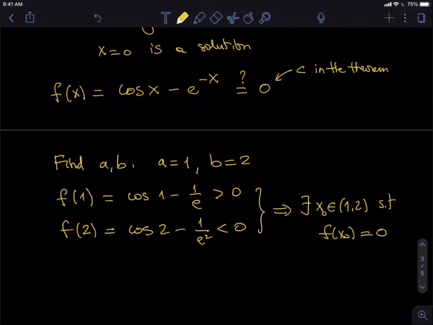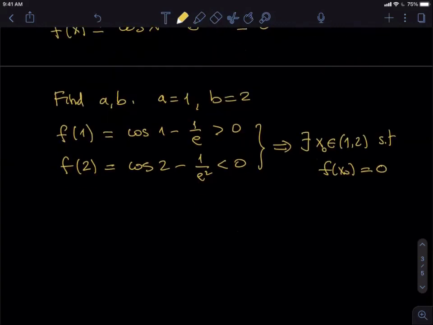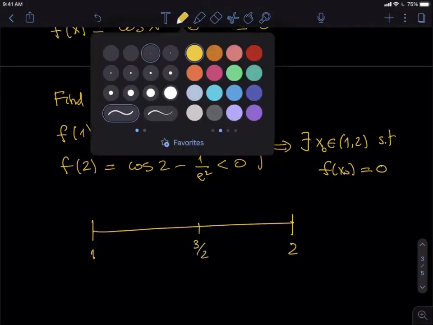And we know that there is a solution in (1, 2). But then we could apply the partition method that we saw already in the first chapter. Okay, and try again with 3/2. And maybe three things can happen.